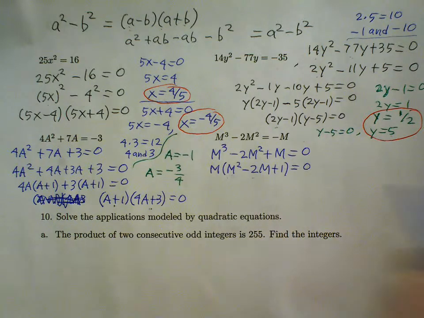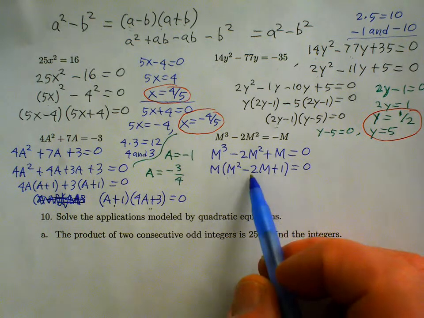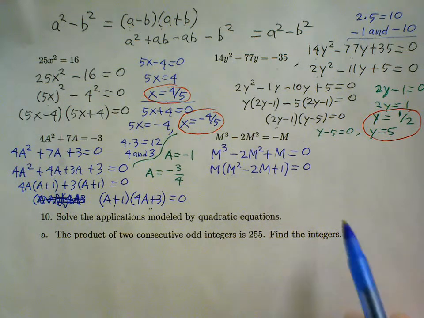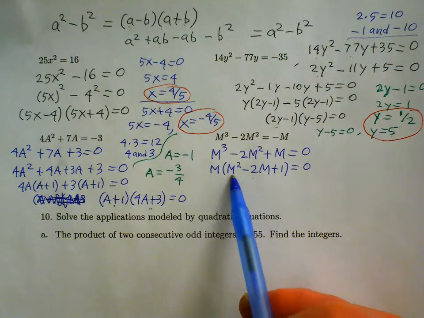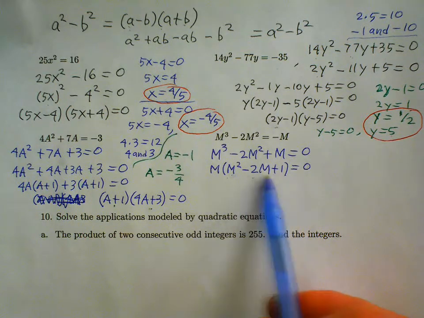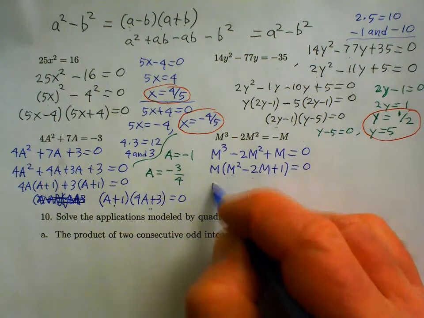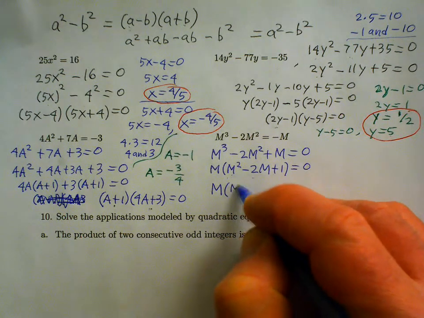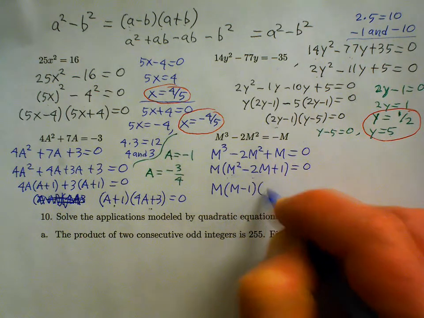Two integers that have a product of 1 and a sum of negative 2 are negative 1 and negative 1. So this is a perfect square trinomial. One factor is m minus 1, the other one is m minus 1.